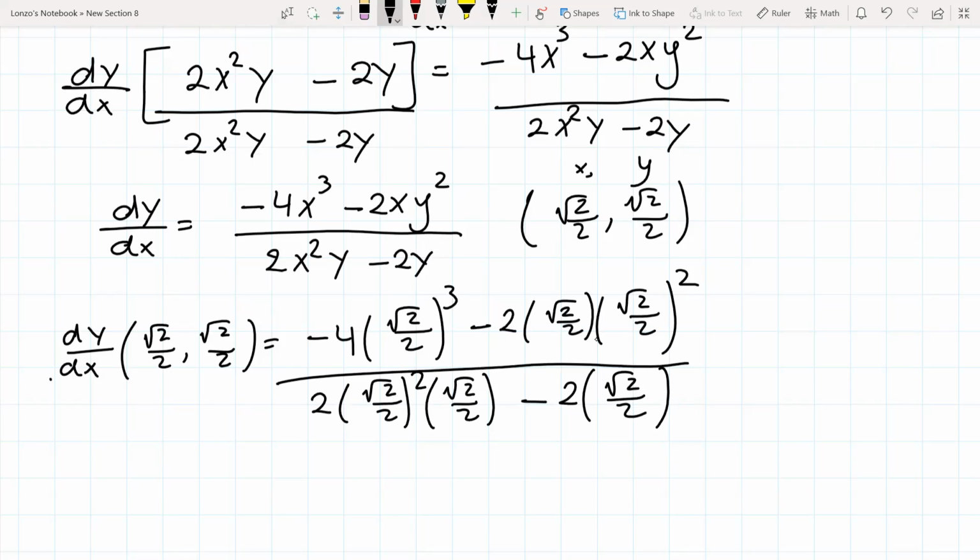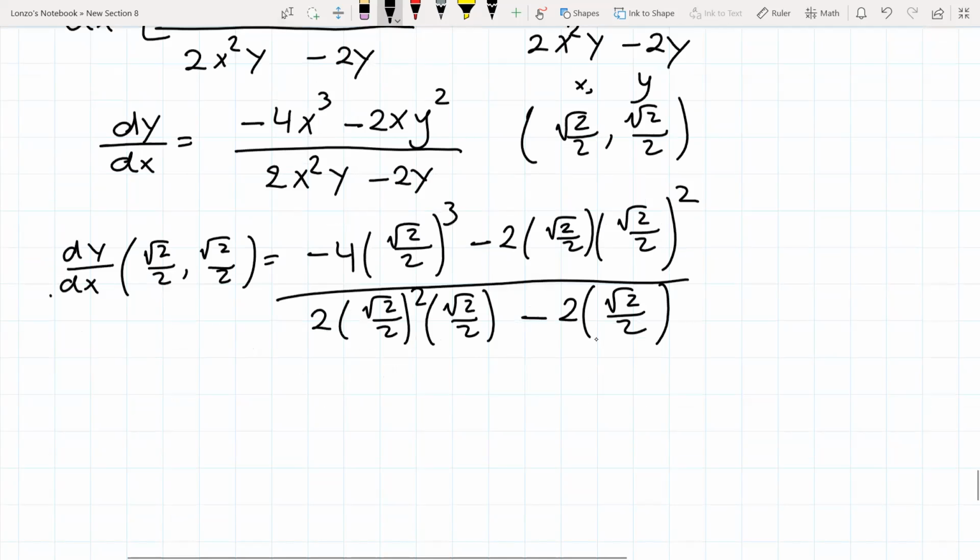Okay, so believe it or not, when we do all the work, it'll somehow become 3.